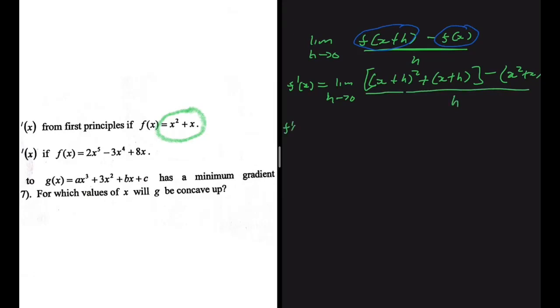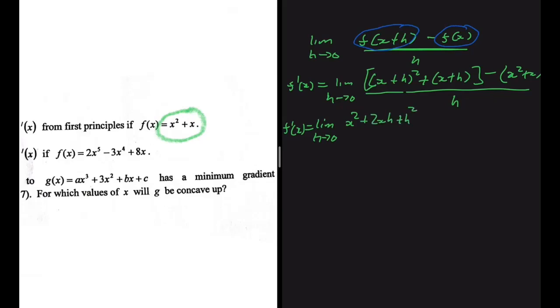So f prime of x will be equal to the limit as h tends to 0 of, so we have x plus h squared: x multiplied by x is x squared, and then x multiplied by h is xh. You multiply that by 2, you get plus 2xh, and then h by h is just h squared, right?